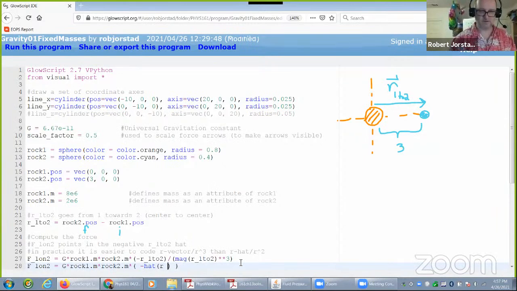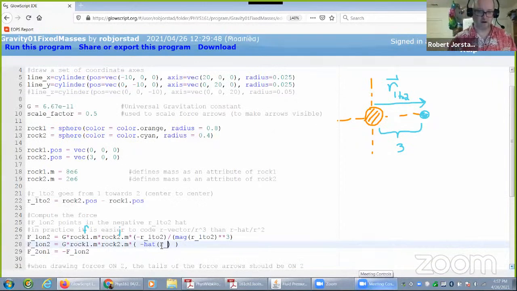Give me just a second. I want to see that. There we go. R1 to 2 divided by the magnitude of R1 to 2. I could do it that way, right?